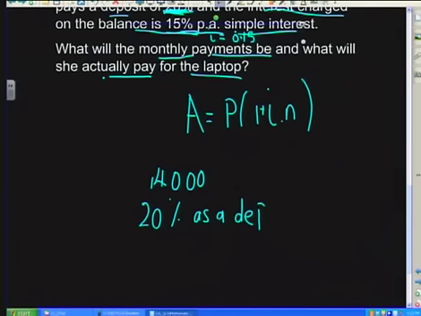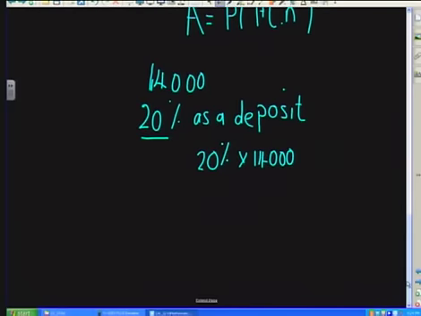So if I want to find out how much she pays as a deposit, all I do is I find 20% of 14,000 Rand, and that becomes my deposit. So I say 20% times 14,000 Rand, and that should give me the amount that she will pay as a deposit. 20%, so we convert it to a decimal, it would be 0.2 times 14,000, and that will give you 2,800, but let's just check.